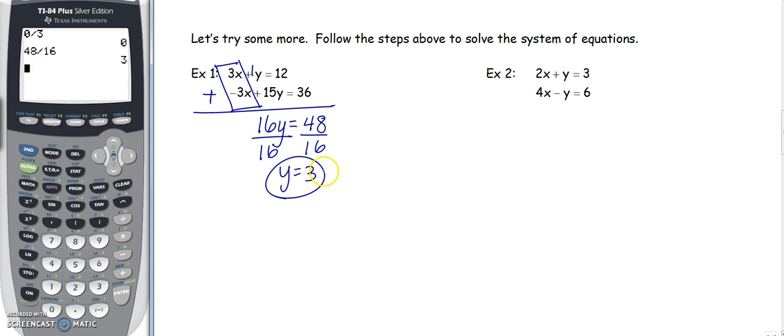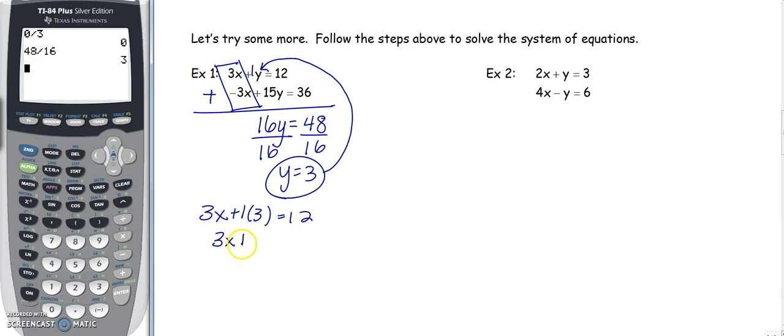Just like before, we take this and we substitute it back into one of our equations. Again, I always use the top one. It's just habit. So we have 3x plus 1y equals 12. So I'm going to substitute that 3 in where I see the y. So 3 times 1 is 3.